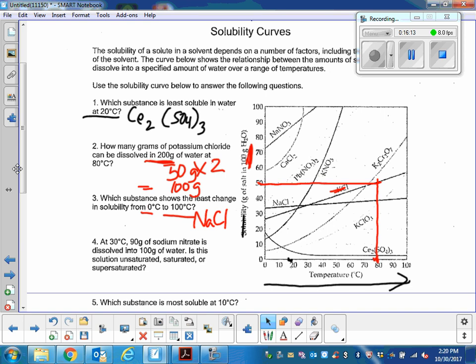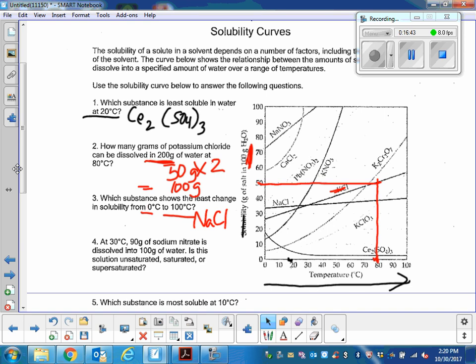So how much will dissolve at 80? I climb up from 80 and I touch KCl, and then I extend across. That is 50 grams. But that 50 grams is dissolved in how much? 100. In how much do they want it? So what do you do with the 50? So that's going to be 100 grams. It will dissolve in 200 grams of water.